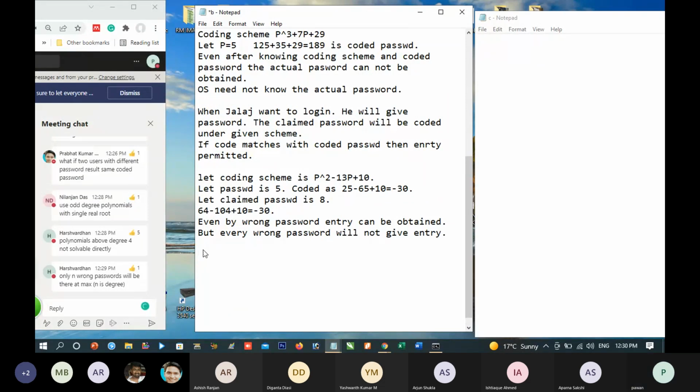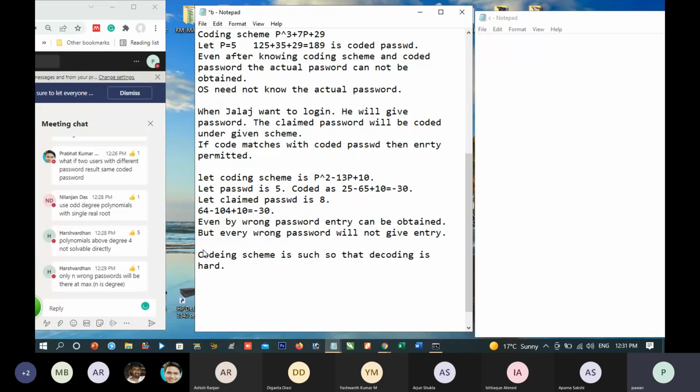So, the coding scheme is such that decoding is almost impossible. Decoding is very hard, not easy.